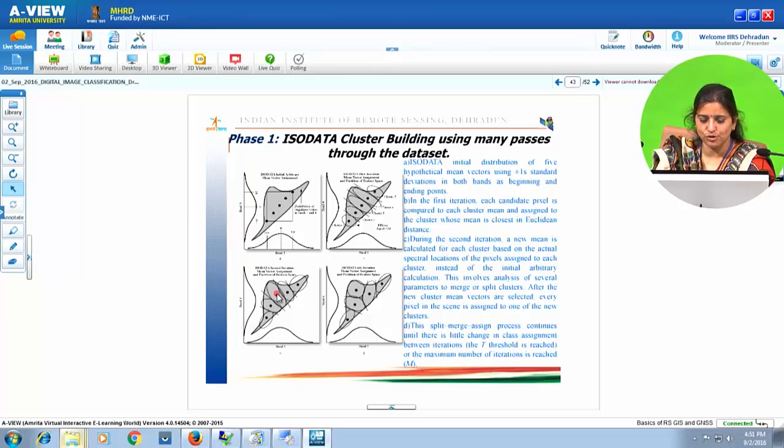Now again we have new means, again it will be checked. This process will go on until the capital T threshold is reached, or capital M number of times ISODATA has classified the pixels. In between the iterations, the splitting and merging of clusters is also carried out.